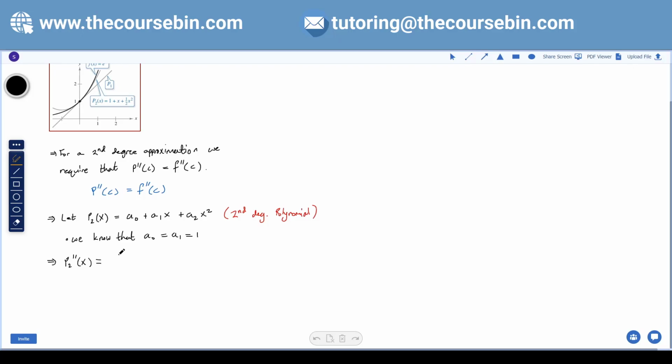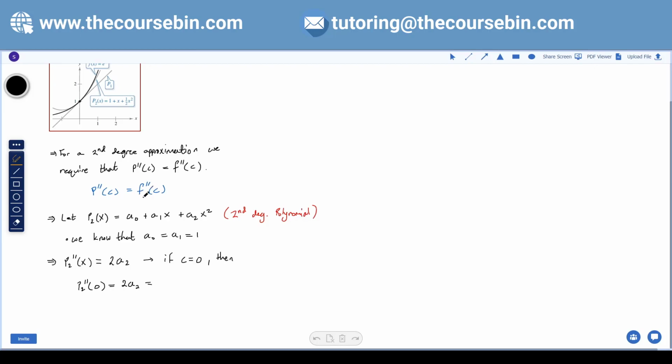So p2 double prime of x happens to be 2 times a2. And we'll say if c equals 0, then p2 double prime of 0 is just equal to 2 times a2.